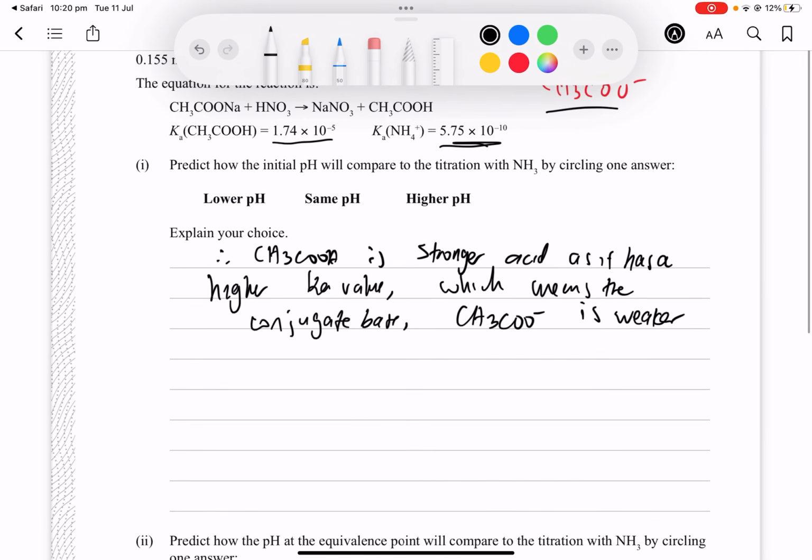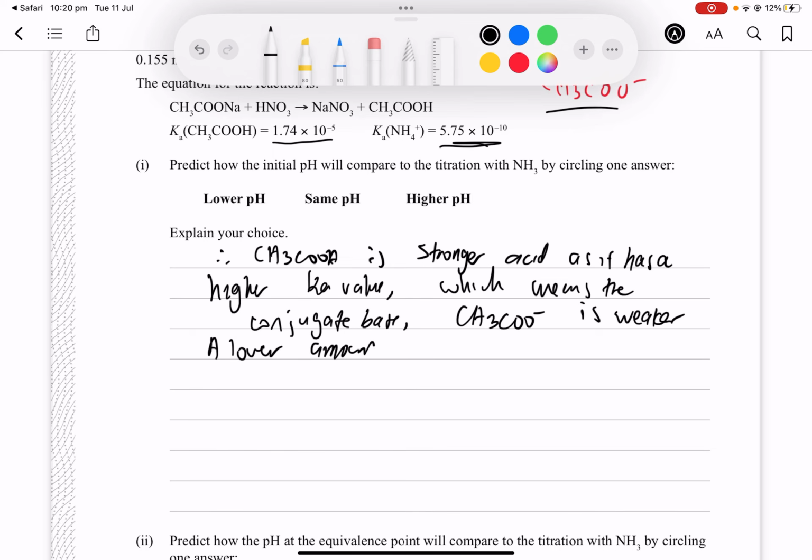And if the base is weaker, then only a smaller amount of CH3COO minus will react with water to form OH minus ions. Therefore, there's less OH minus ions formed, and if there's less OH minus, this means the pH will be lower.